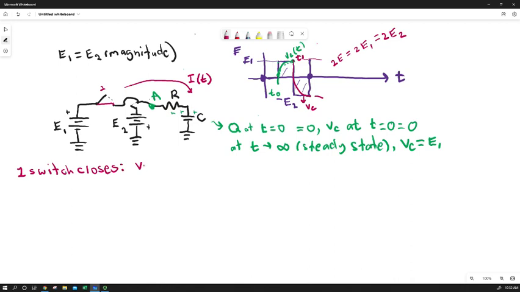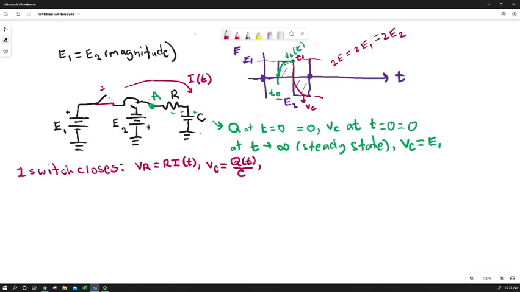We know that the voltage drop over the resistor at any time is equal to R, which is constant, times the current that happens to be flowing through it at any time, which is a function of time. We know that the voltage drop over the capacitor is equal to whatever charge happens to have accumulated on it, which will be a function of time, that's going to grow with time, divided by the value of the capacitance.